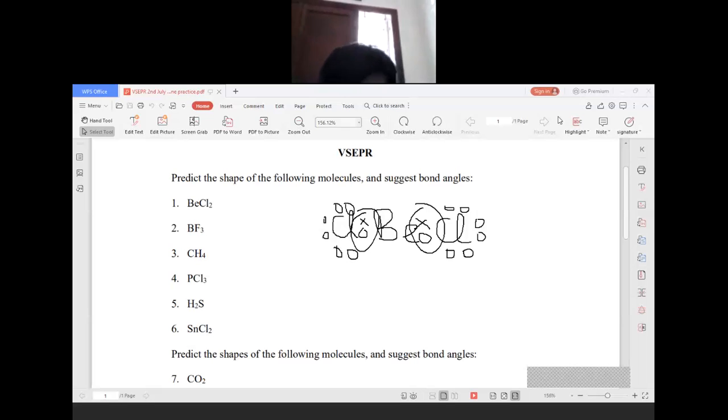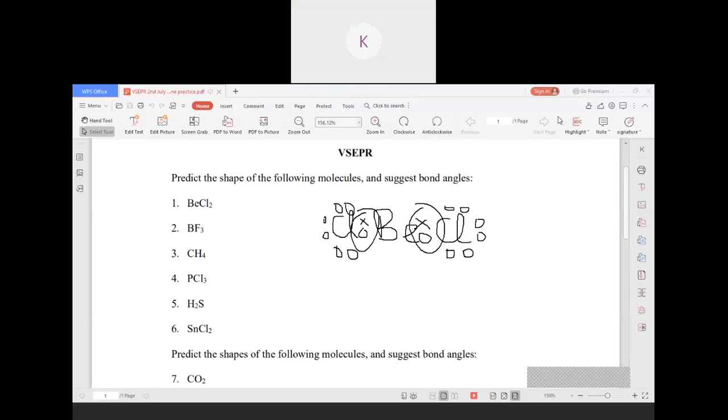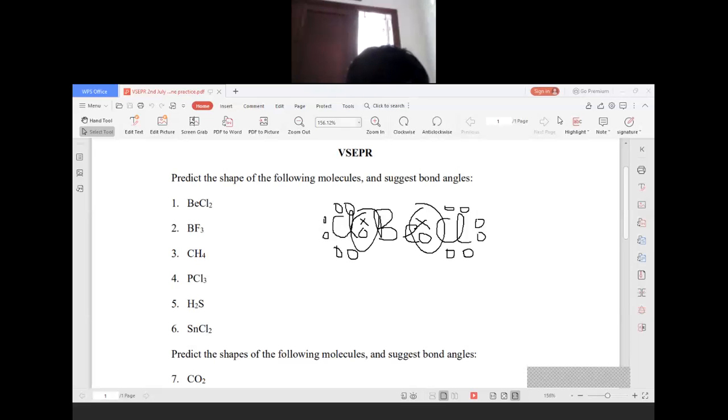There are 5 electrons in the outermost shell of phosphorus. And then how many bond pairs are there in phosphorus trichloride?